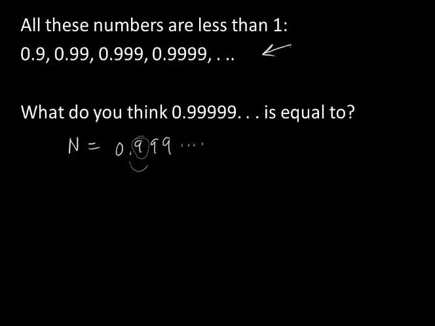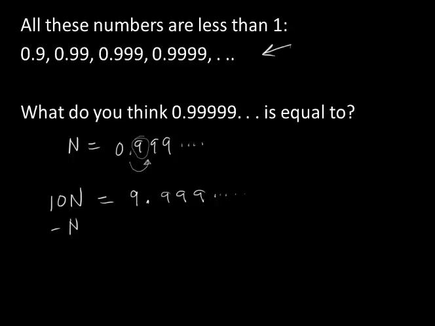And I'm going to multiply n by the power of 10 that would move the decimal point to the right of that repeating block of digits. So that would be times 10. So 10n is equal to 9.999 repeating. And now I'm going to subtract n from it.